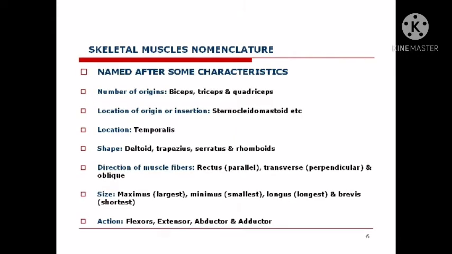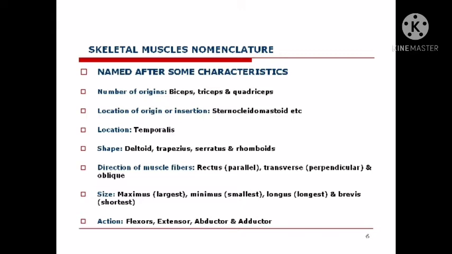So, the skeletal muscles nomenclature. Nomenclature means the various names of the muscle, especially in anatomy. I tell you students that this lecture is confined to the naked eye appearance of muscles, not the histology and not the embryological study of a muscle.